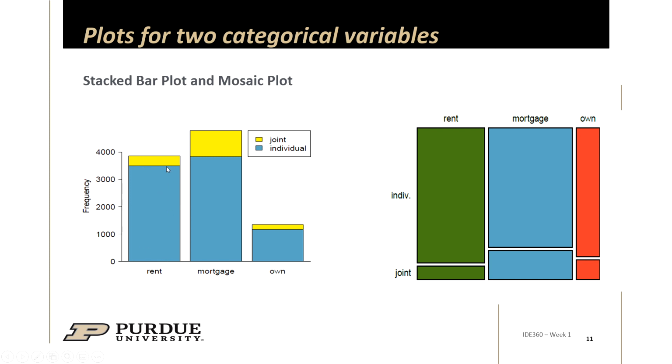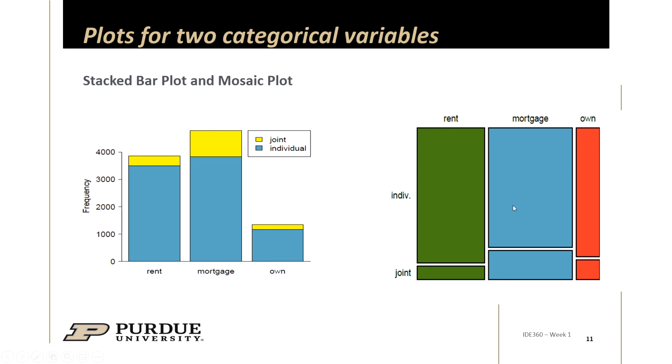So this is the one for the category rent in terms of home ownership, and then the next categorical variable is whether it's joint or individual, and then you can make another split and check that distribution too. And same thing with the second class and the third class. So you basically explore one category within another category.